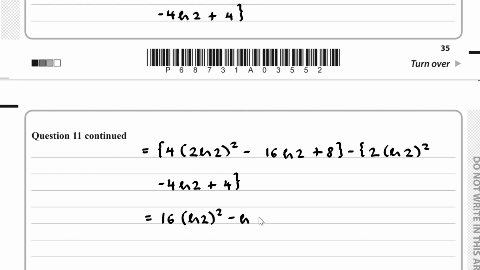And we've got minus 16 lots of the natural log of 2 plus 8 minus 2 times natural log of 2 squared minus 4 times natural log of 2. Well, we've got minus and a minus, so that's a plus, and then we've got the minus 4.